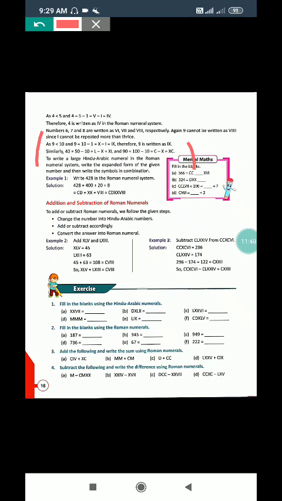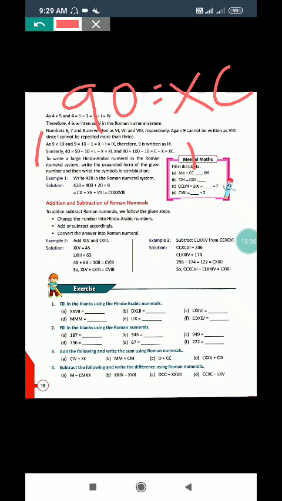The value of 100 is C and the value of 10 is X. So 90 would be written as XC in Roman numerals.